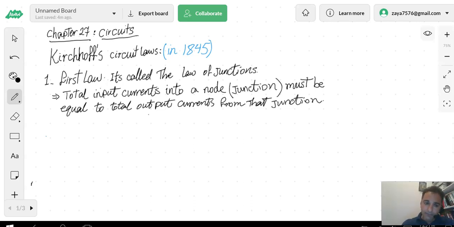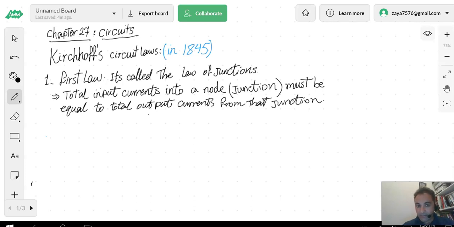So now, excuse me. What is the first law? It's also called the law of junctions. It says the total input currents into a node or junction is equal to the total output currents from that junction.